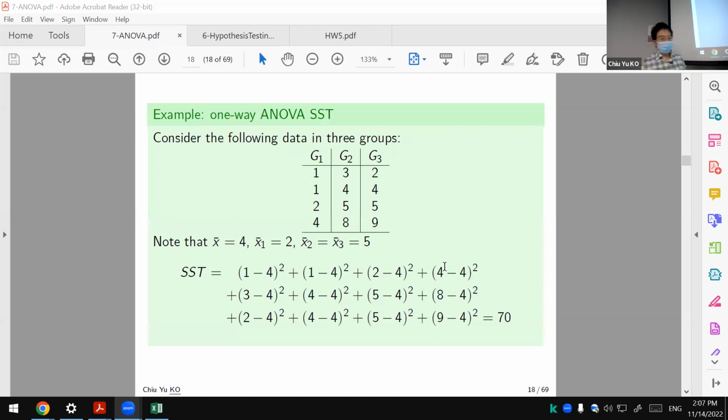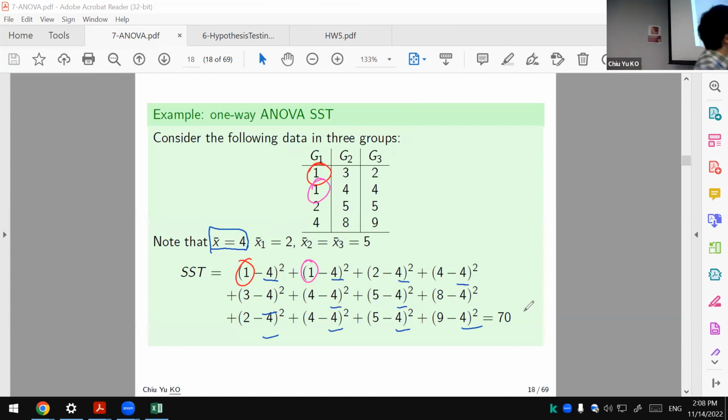SST: I'm not going to go into the math, but just try to see it quickly. One is here and one is here, and so on and so forth. Every element you subtract from the grand mean 4.